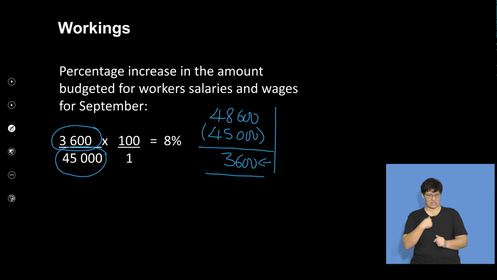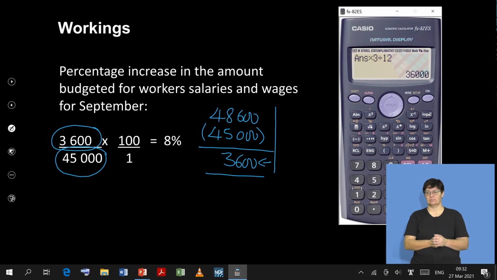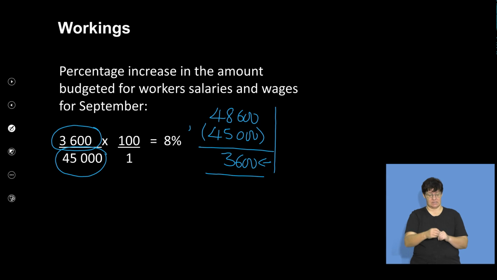Let's do that. It's 3,600 times 100 divided by 45,000, and that will give you a figure of 8%. In other words, there was an increase of 8% in the salaries for the workers.